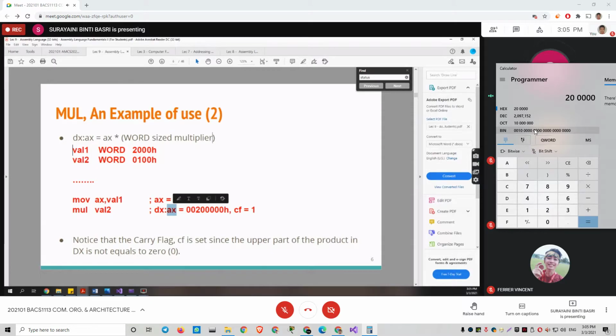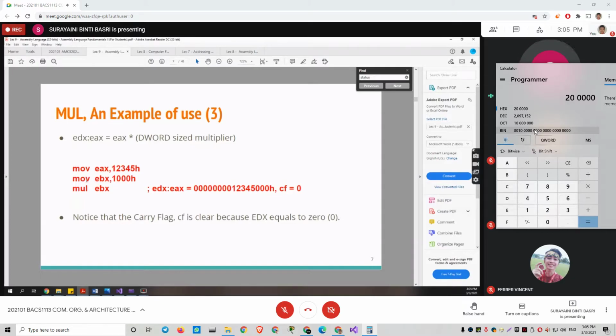Okay, so we proceed to another example of how we can do a multiplication. This is actually the same as the first example, but the first example used 8-bit numbers, and now the third example uses 32-bit. How can we do this?